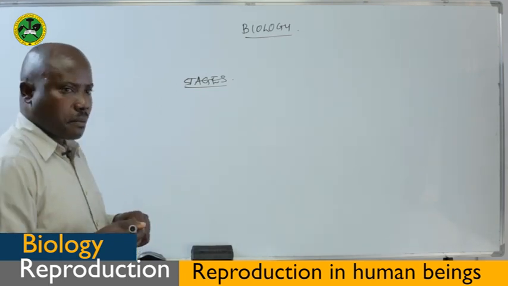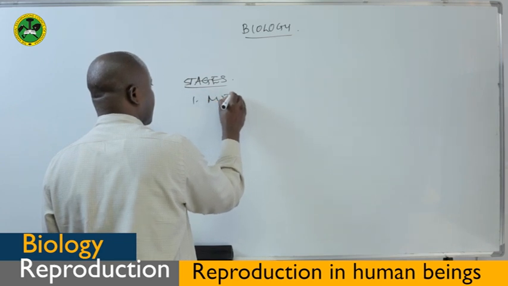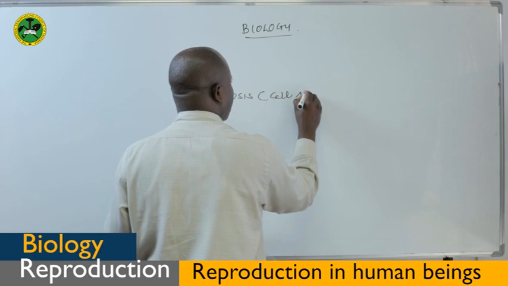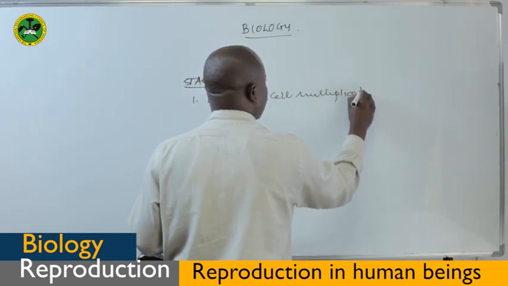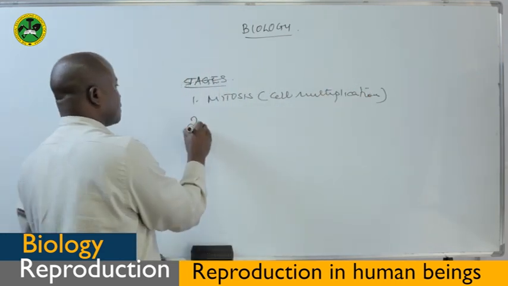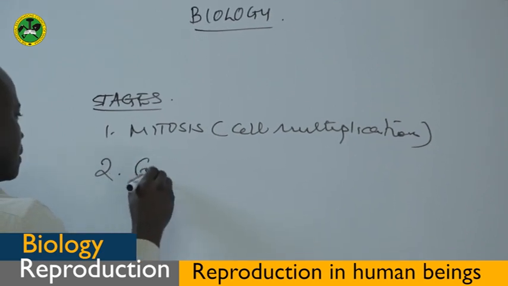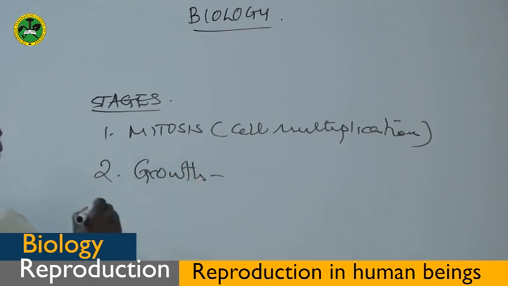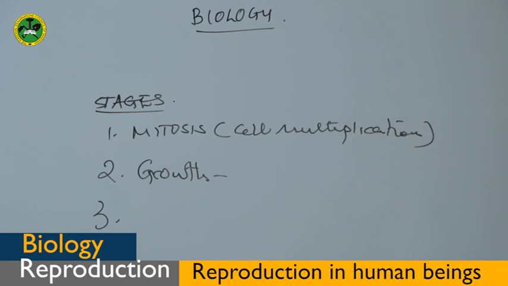We have mitosis; second, we have growth; third, we have reduction and maturation.